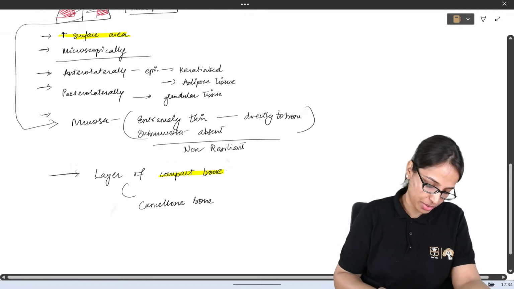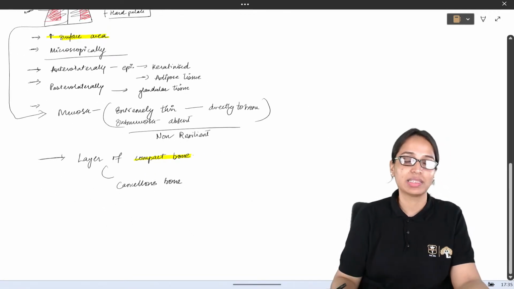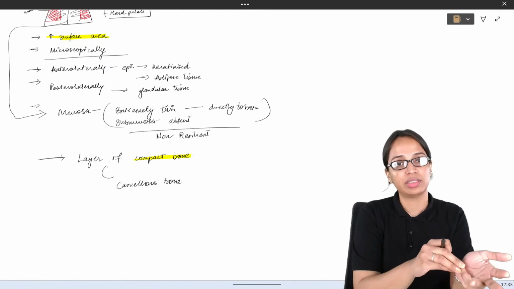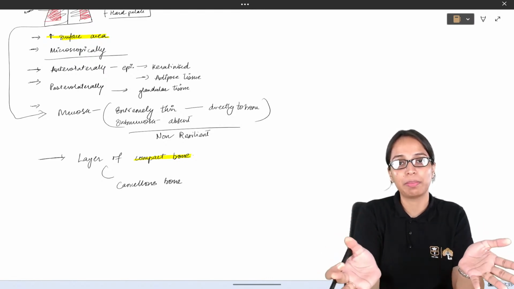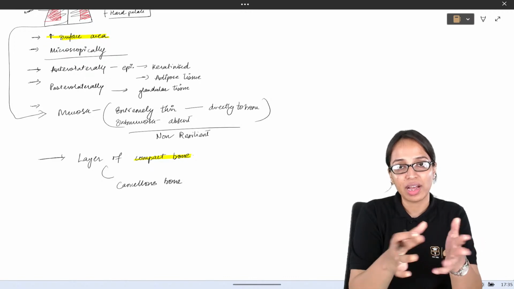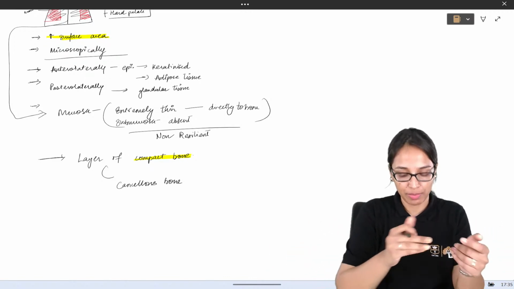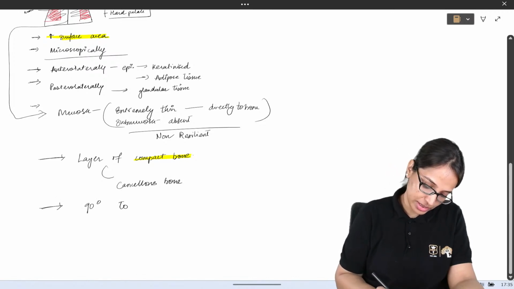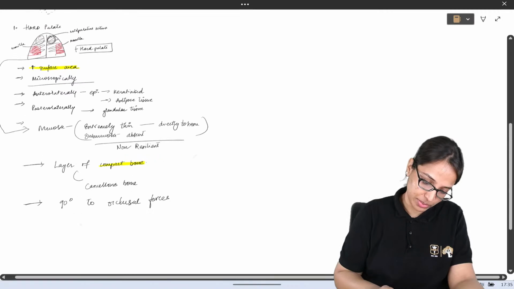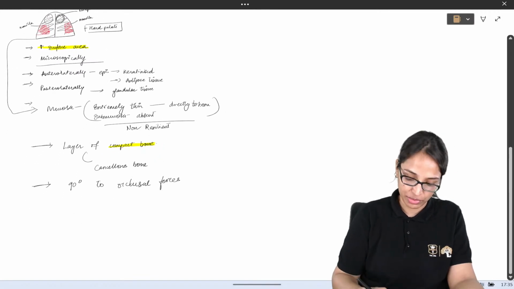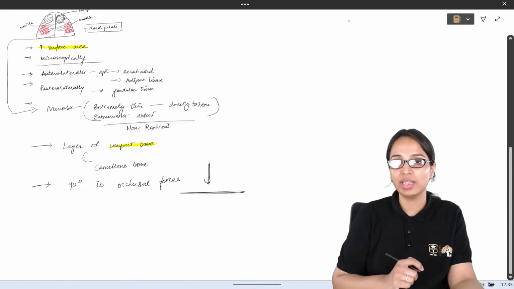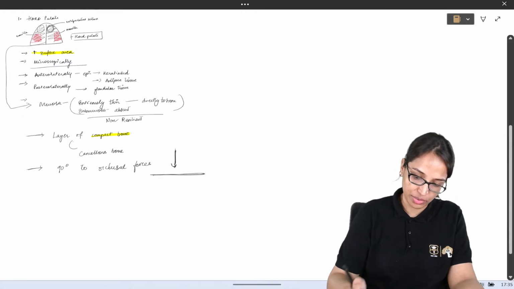Mainly, you can see three reasons: good keratinized epithelium with good submucosa on the palatine processes, you have a larger surface area, you have a compact bone, and one more very important point is that it is 90° to the occlusal forces, or rather perpendicular to the occlusal forces. When it is perpendicular to the occlusal forces, dissipation and absorption of forces becomes much easier, right? So perpendicular to the occlusal forces.